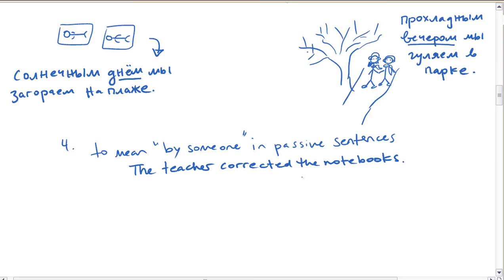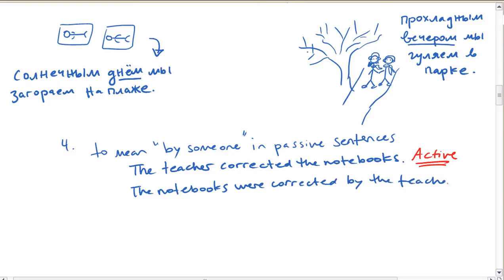It's a very tight sentence, not a lot of extraneous words. And that's encouraged in English. The passive would be the notebooks were corrected by the teacher. So you can see it's a lot longer of a sentence.